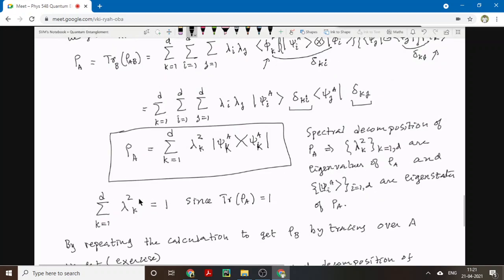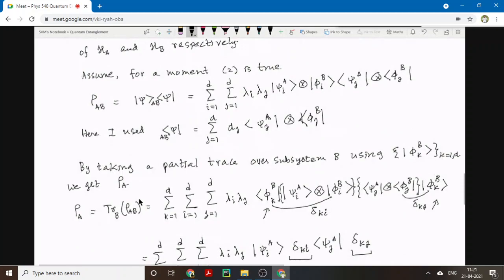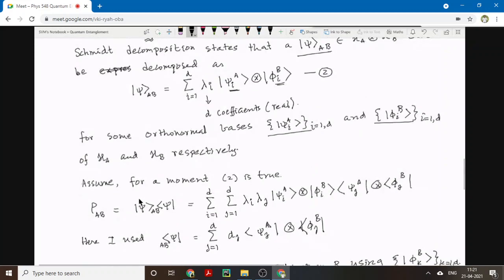This is what I wanted to tell you: if you have this Schmidt decomposition, then you realize that this basis is the eigenbasis of rho A and this is the eigenbasis of rho B. So if you choose the product basis as the product of the corresponding eigenbasis of rho A and rho B, then one summation is enough, that is just I equal to 1 to D. That means in this psi AB, the coefficients of psi I, phi j, such coefficients will not be there.